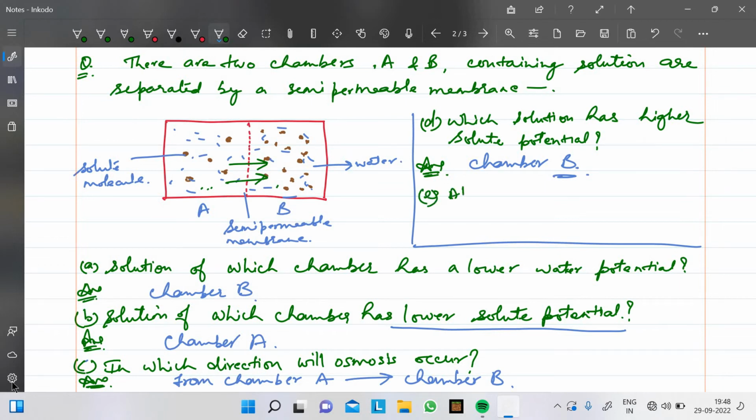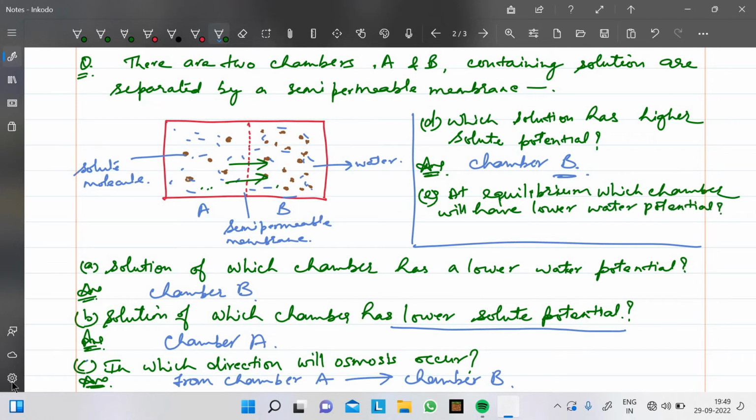At equilibrium, which chamber will have lower water potential? See, he is talking about at equilibrium. What does it mean?